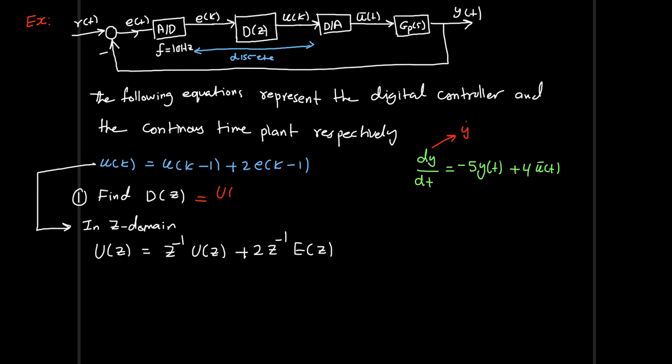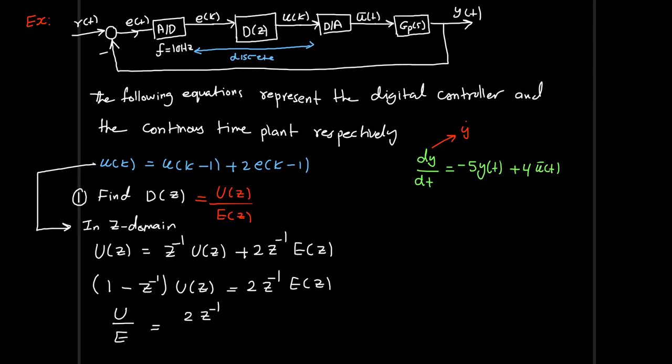So the output is U of z and the input is E of z. So if we spread the variable, we can get 1 minus z minus 1 U of z will equal 2 z minus 1 E of z. So from here, U over E can be written as 2 z minus 1 over 1 minus z minus 1, which can be written as 2 over z minus 1.